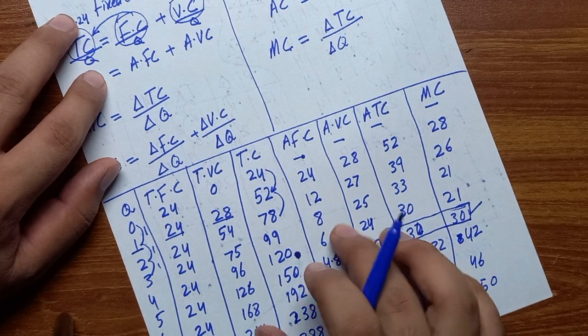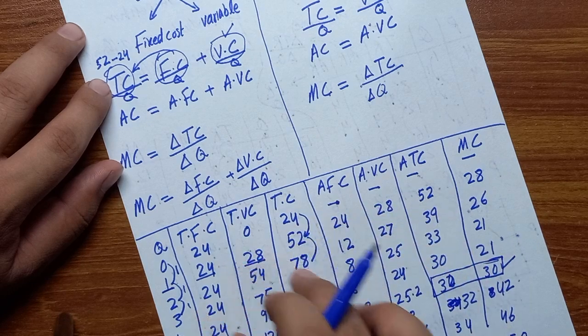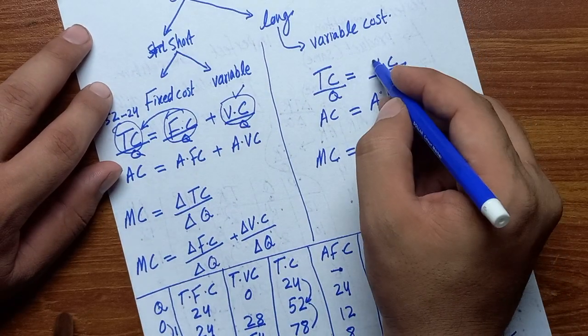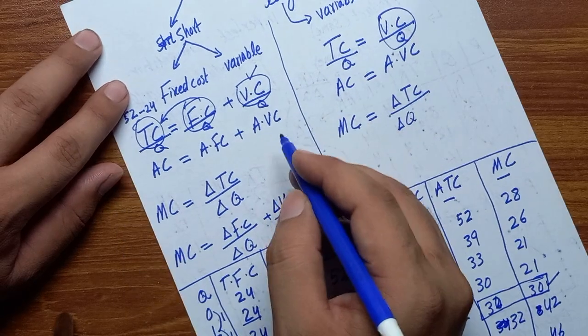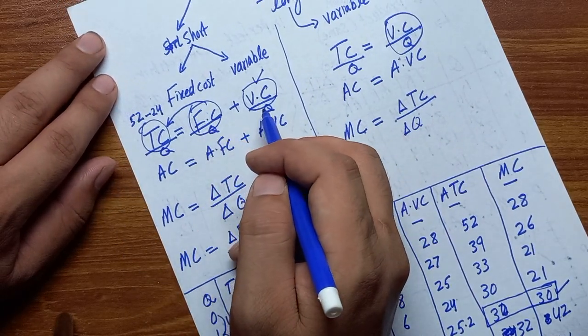So these are the costs for long as well as short run. For the long run we will mention only variable cost, but for the short run we will mention the fixed cost as well as variable cost.